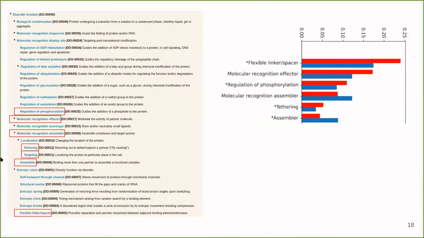If you look in detail at these terms, they are regulation of phosphorylation, which is a child of molecular recognition display site. You have molecular recognition effector, and you have flexible linker, of course, and you have a cluster of terms which are molecular recognition assembler and children of this term. So somehow there are 4 branches which are highly represented, with maybe 3, 4 of them which are even more represented.